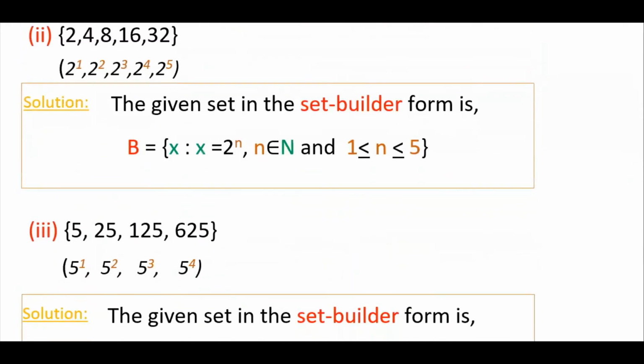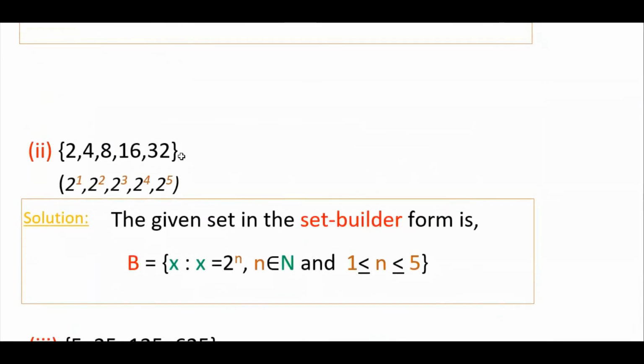And next one, if you see these elements 2, 4, 8, 16, 32. So you have to check how the numbers are. These numbers you can write 2 to the power of 1, 2 square, 2 cube, 2 to the power of 4, that is 16, 2 to the power of 5, that is 32. If you observe here, the powers are changing 1, 2, 3, 4, 5, and the base is the same, that is 2.